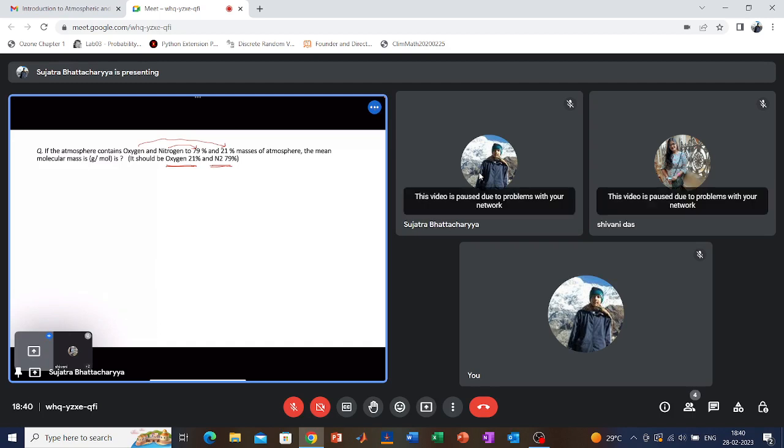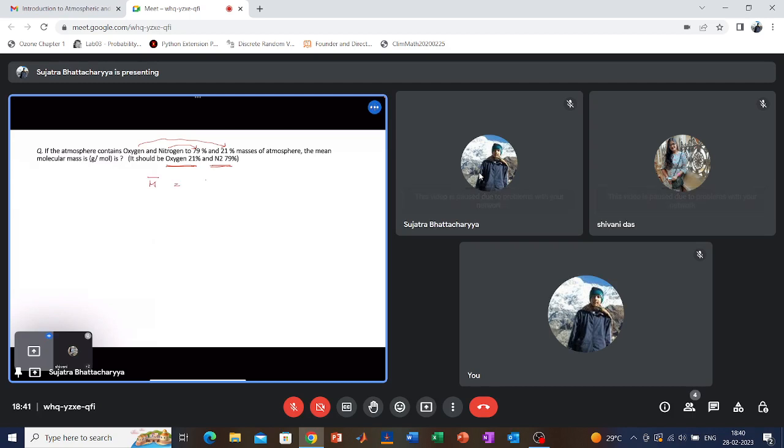Fine. Let's do it. So mean molecular mass, again I am writing the formula. It's the summation over i of the molar mass of the ith gas into its percentage contribution, divided by the summation over i of the percentage contributions.